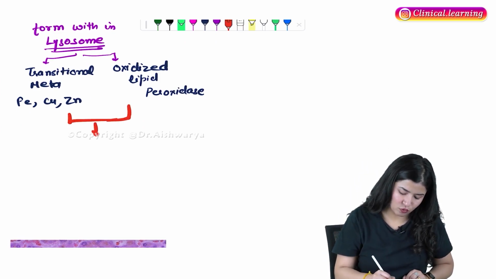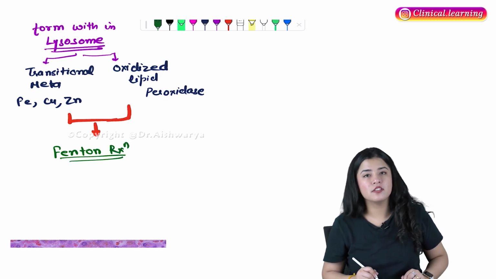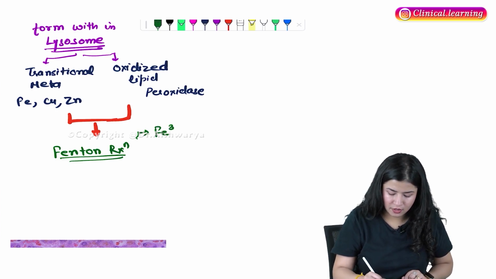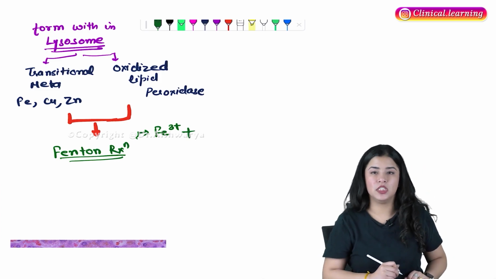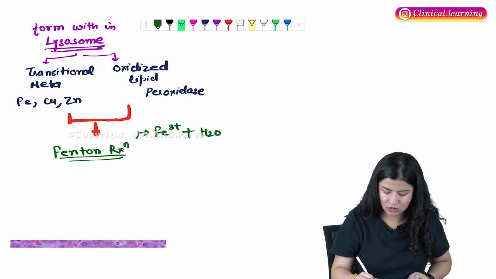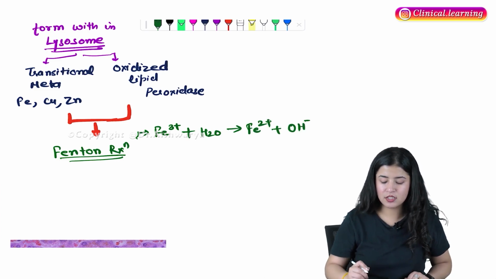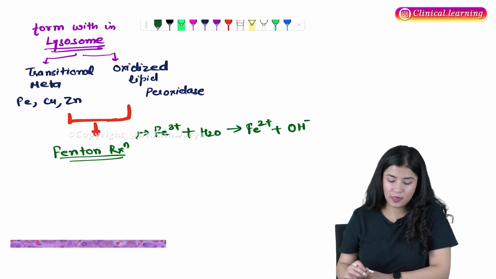Now these both, the transitional metals and oxidized lipid peroxidase, they both undergo Fenton's reaction. Now what is Fenton's reaction? Just see. When iron, Fe3 plus form of iron, combines with water, it will form Fe2 plus and a free radical, that is hydroxyl radical, okay.